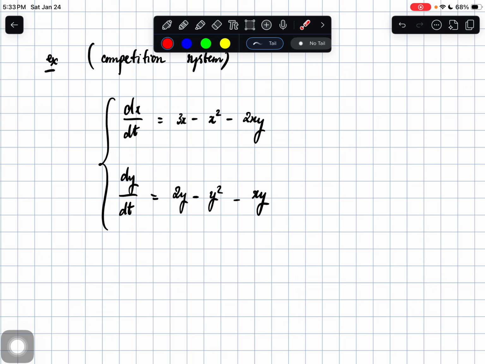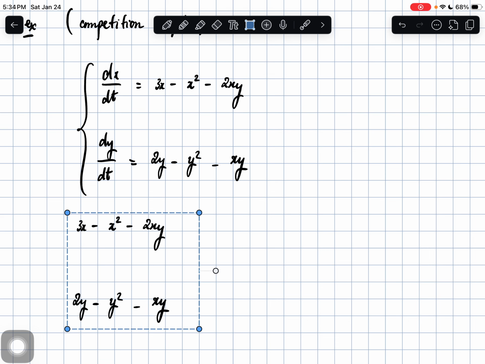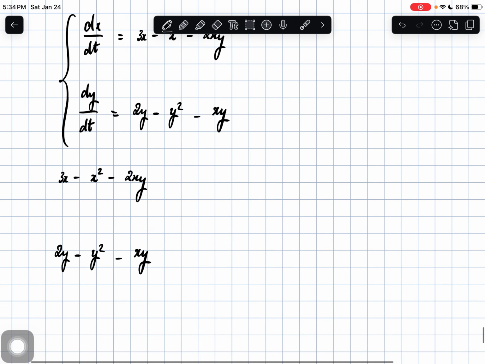Now we will look at the critical points and sketch the phase diagram for this system. For the critical points, we compute x and y so that these are 0. So x(3 - x - 2y) = 0.